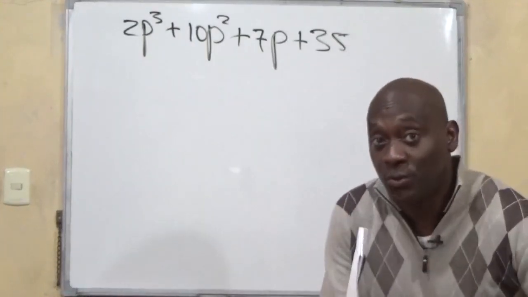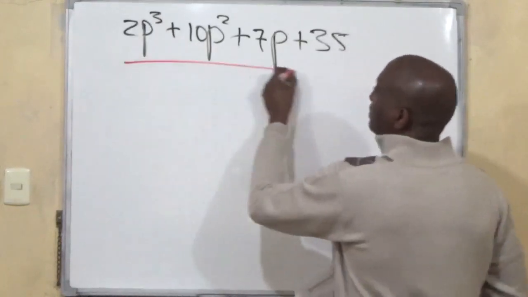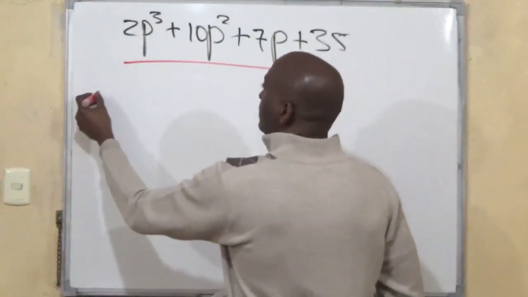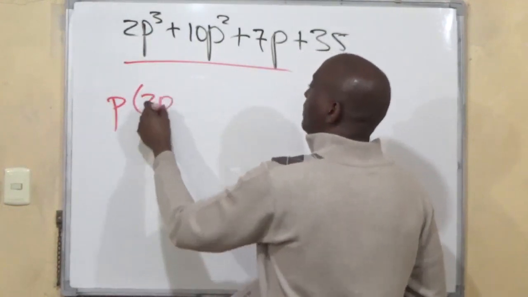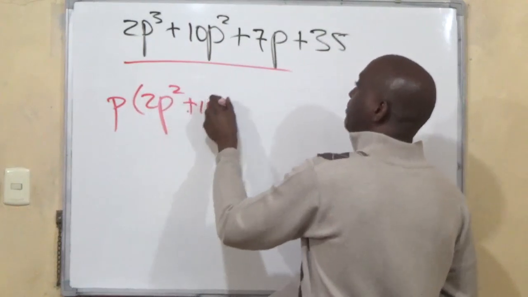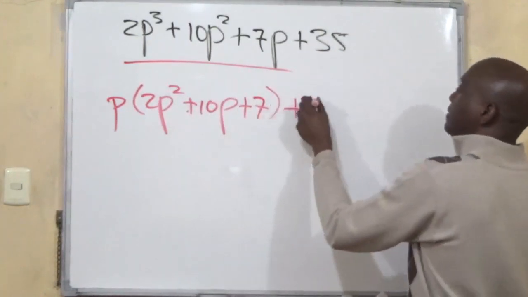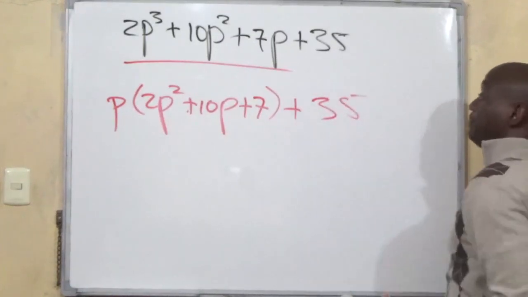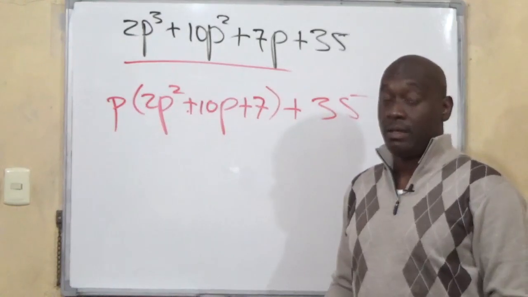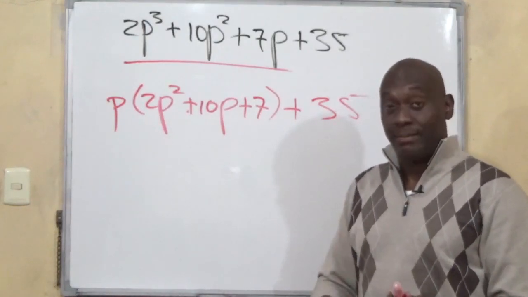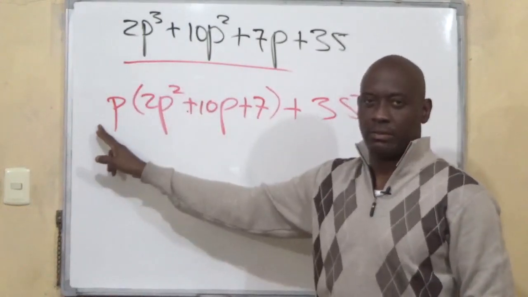What some people do, and let me point this out as a mistake, some people will take this and say, alright, this in black is equal to p into 2p squared plus 10p plus 7, plus 35. Now this is technically correct. From a pure mathematical standpoint, there is nothing wrong with moving from here to here.